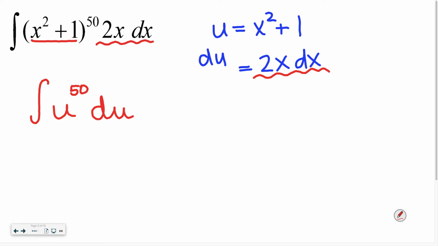And it's a simple rule, isn't it? u to the 50th power. We can take that antiderivative. Before we do that, can I clarify anything that we've done so far? Okay. So u to the 50th, our antiderivative would be u to the 51st times the reciprocal of 51 plus c.